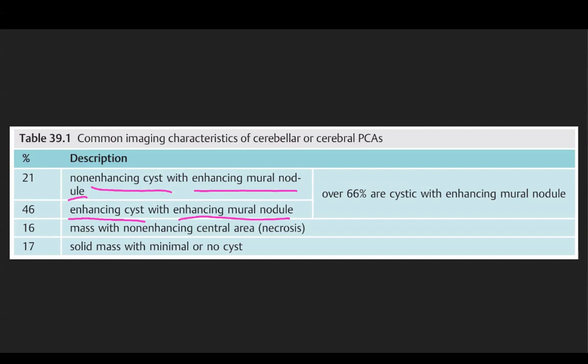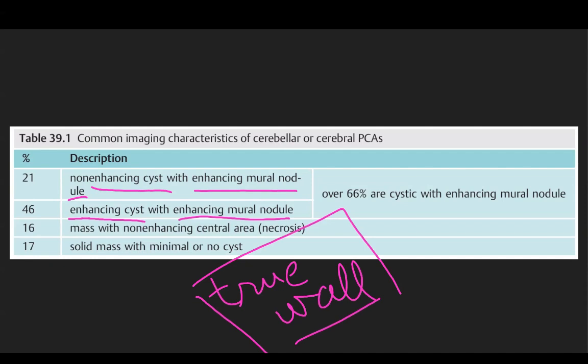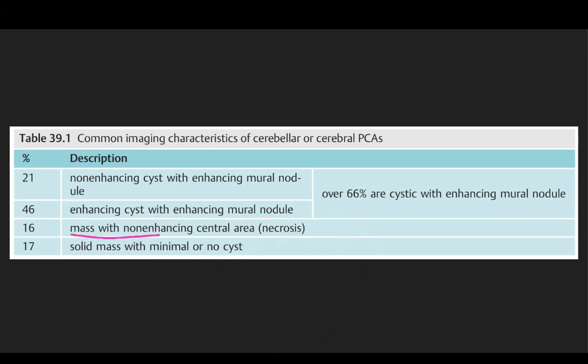Because usually, if a cyst is enhancing, that just means that it might have formed a true wall. If a true wall is there and you don't end up taking this out, it might lead to some recurrence. The other radiological presentation is a mass with a non-enhancing central area or necrosis, which is very typical for GBM as well. This is how it looks.